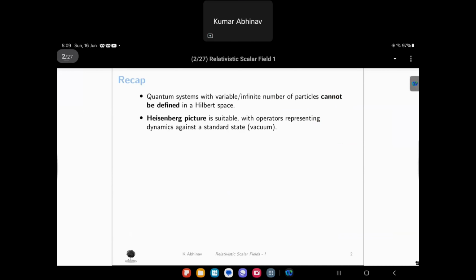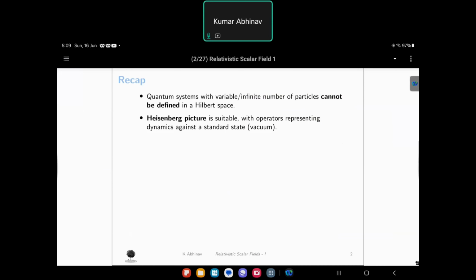To begin with, let's recap a little bit of what we have learned till now in the first two lectures. Quantum systems with variable particle numbers or even infinite particle numbers cannot be defined in a Hilbert space. What does it mean?